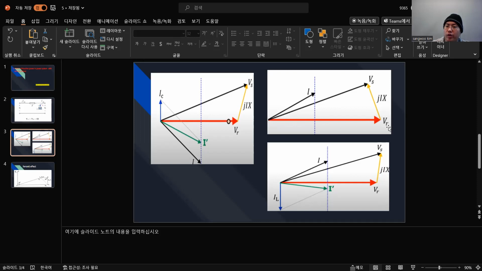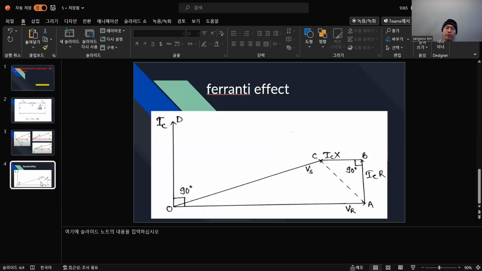If we add more here, now VR is bigger than VS. This happens at night time, and this is what I called the Ferranti effect. The receiving voltage is higher than the sending voltage. It may cause heat and insulator damage. That's for today's lecture. Thanks.